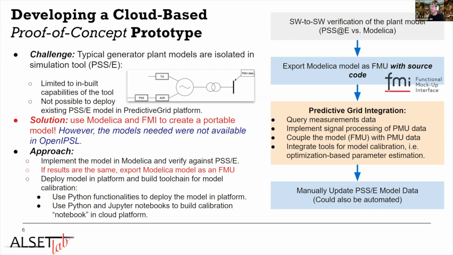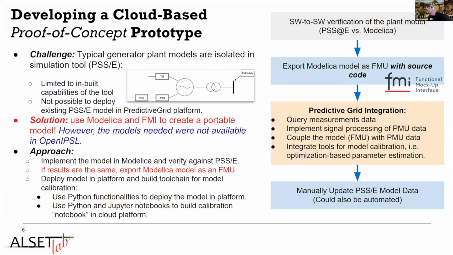But the problem that we had is that the models for their specific power plants were not available in the library. So we have a little workflow here: first, implement the models from scratch and verify that they comply with the accepted truth, which is this PSSE model. And then, if it works, we needed to deploy the models with source code and then integrate it with the predicted grid platform.